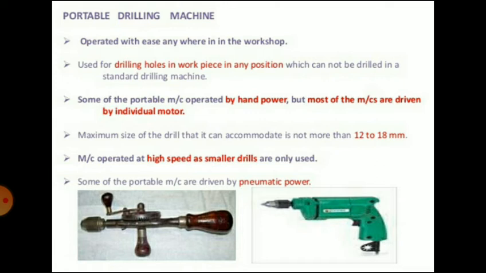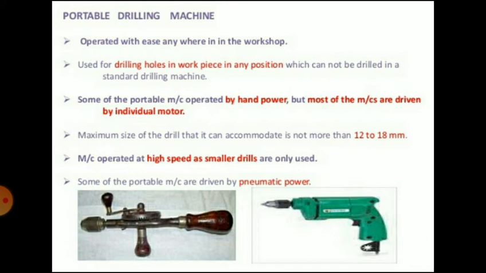At the bottom, of the two diagrams shown, the diagram on the left-hand side is a hand operated drilling machine. Generally, it is used by carpenters. And the one on the right-hand side is an electrically operated hand drill machine.